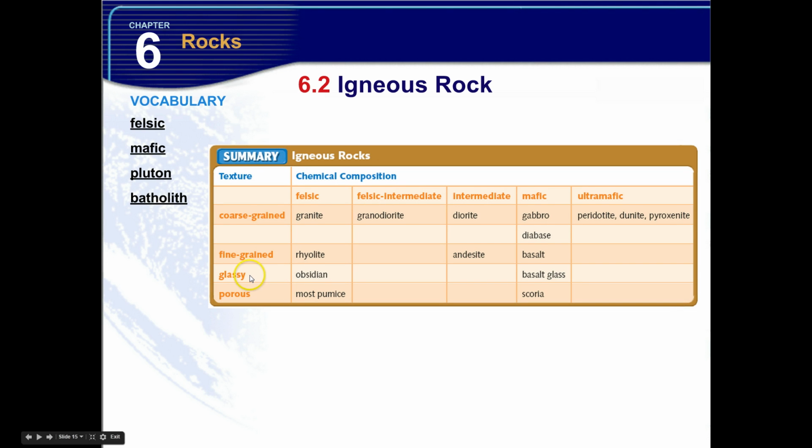And then you have glassy. Literally, it just looks like glass. And then you have porous. The two most common igneous types of rocks with porous texture are pumice. Notice how pumice, though, is in the felsic composition, and then scoria, which is in the mafic. Typically, scoria is a little darker.